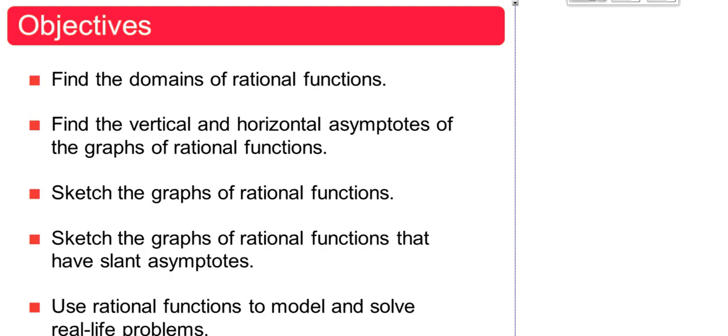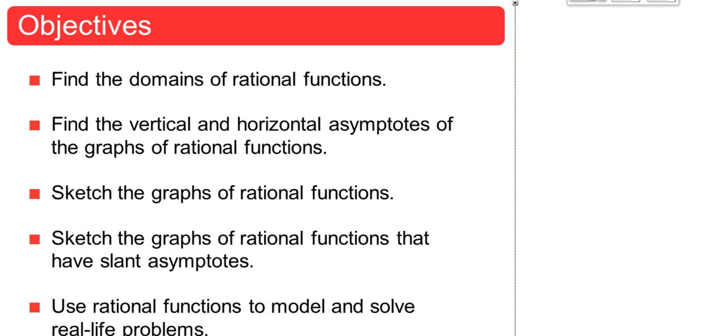So our objectives are to find domains of rational functions and find the vertical and horizontal asymptotes. We'll have some rules for that. And then the graphs of rational functions: to be able to sketch them. Keep in mind we're not allowed to use a graphing calculator for an exam anymore, but we can use it as a tool to help us, and we can use the table features on our calculator.